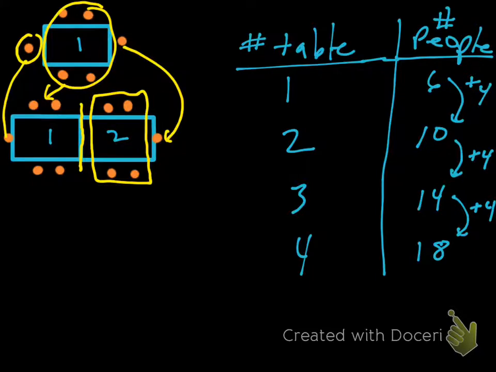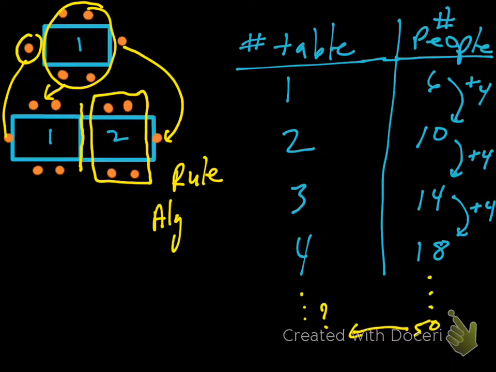But still the question is, if I have let's say 50 people, how many tables will I need? So this is the key. We want to figure out what the rule is, what the algorithm is.